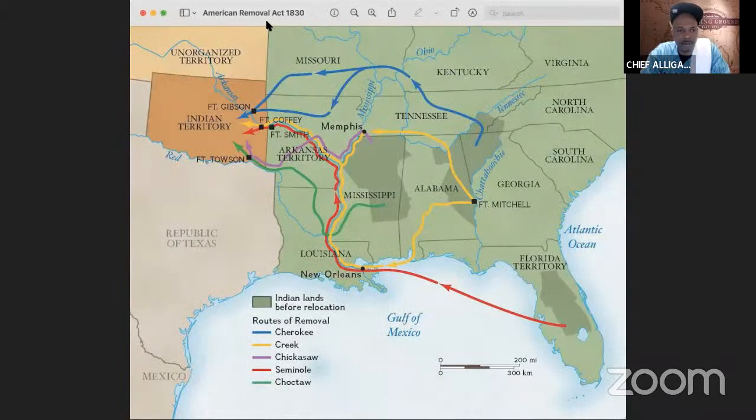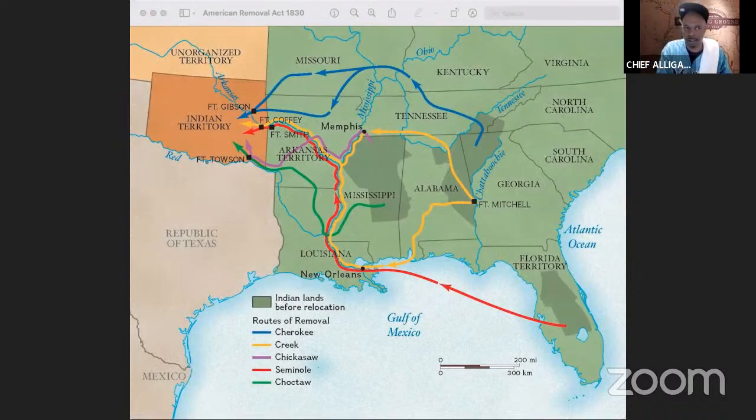So basically, we can see on this map, we can see Fort Gibson, Fort Townsend, Fort Coffee, Fort Smith. So they've already got military posts set up in what was then Indian territory.